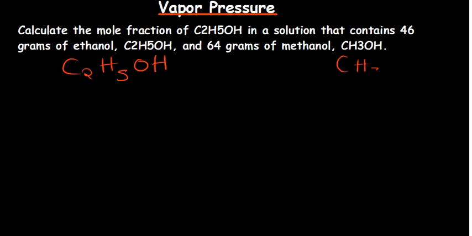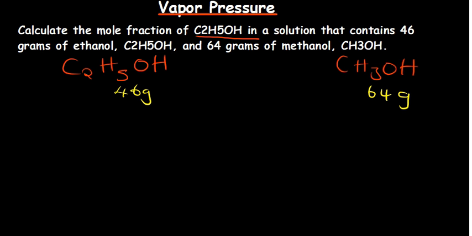So we want to find the mole fraction of ethanol. We've been given 46 grams of it, and we've also been given 64 grams of methanol. So how best can we handle that?